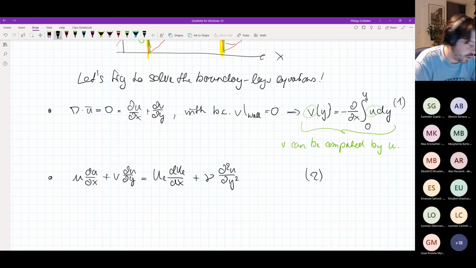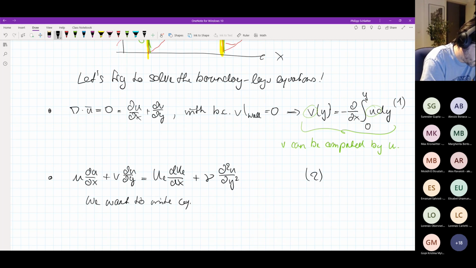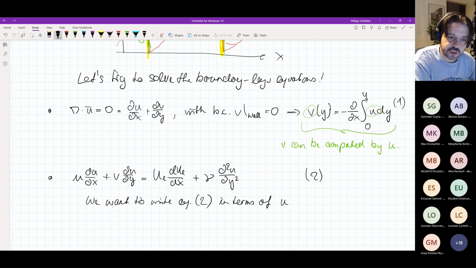Now, what I would like to do is write equation number 2 in terms of the streamwise velocity u, as a function of a new similarity variable eta.